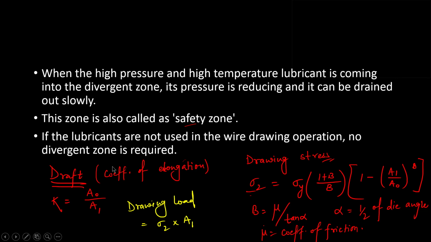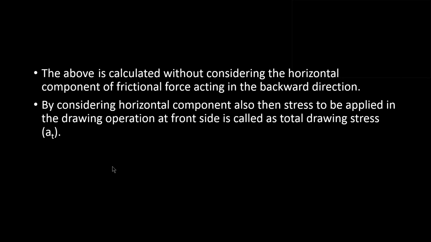So this is all. The above is calculated without considering the horizontal component of the frictional force acting in the backward direction. Obviously the forces acting are not only perpendicular; there is a horizontal friction component too, and if we add it, it becomes a little more complicated. So just leave it, and we'll talk about how much maximum reduction is possible.